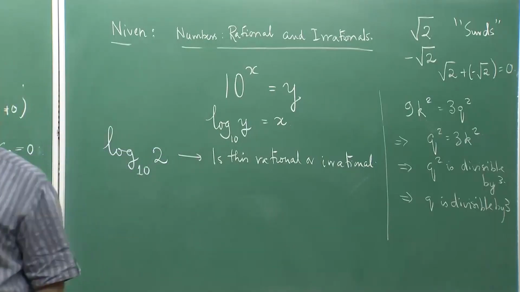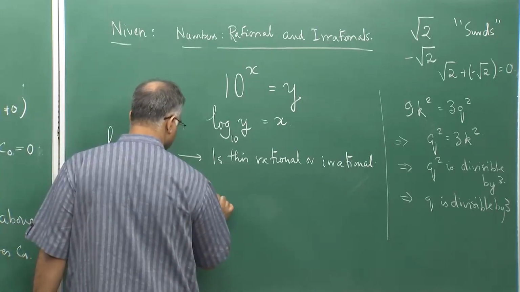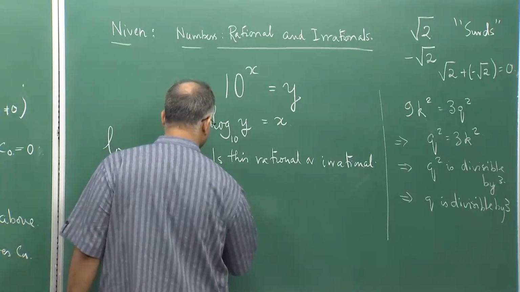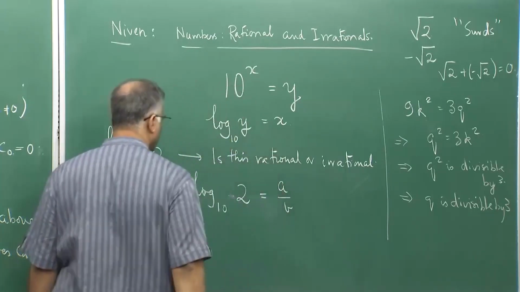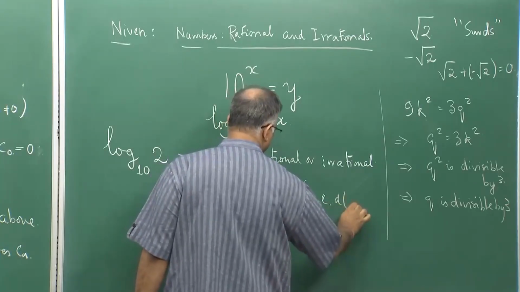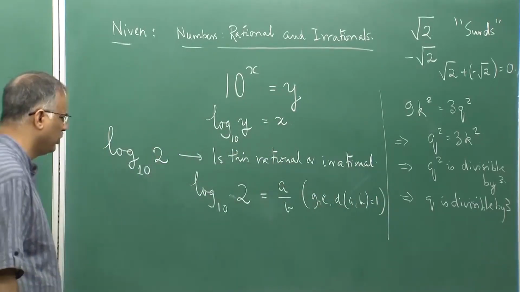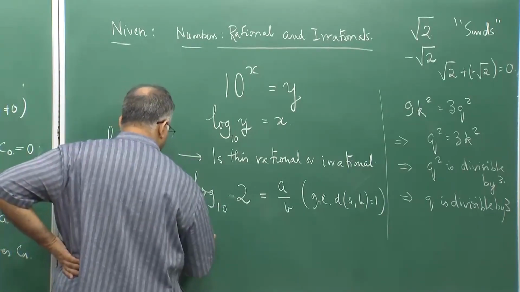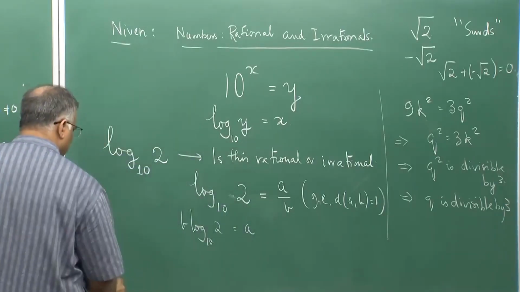Okay, let me assume that it is rational as before, say A by B in the reduced form, GCD is 1. The greatest common divisor between A and B is 1, that is you can't divide them further, there is no common factor other than 1.